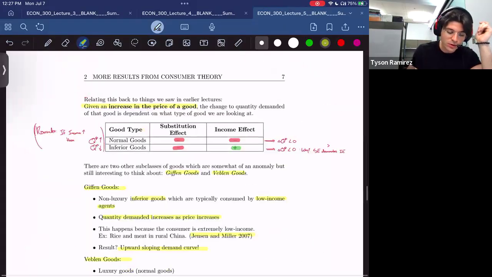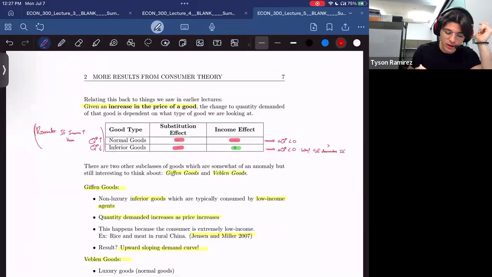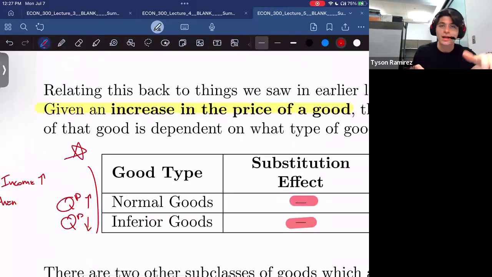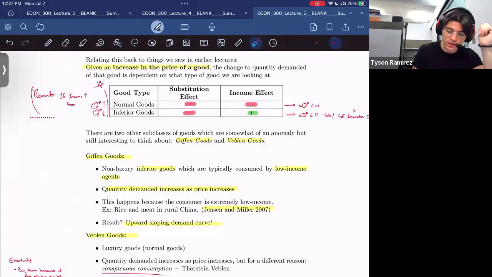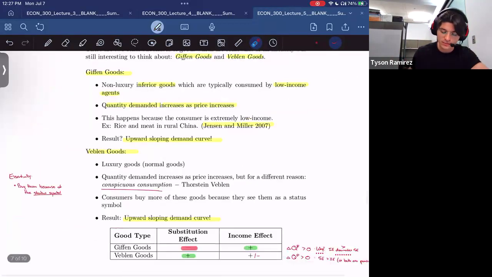Most goods are going to be just your standard, regular normal goods and inferior goods. And just to remind you, Giffen goes with inferior, whereas Veblen goes with normal goods. But they're just special types of these things.